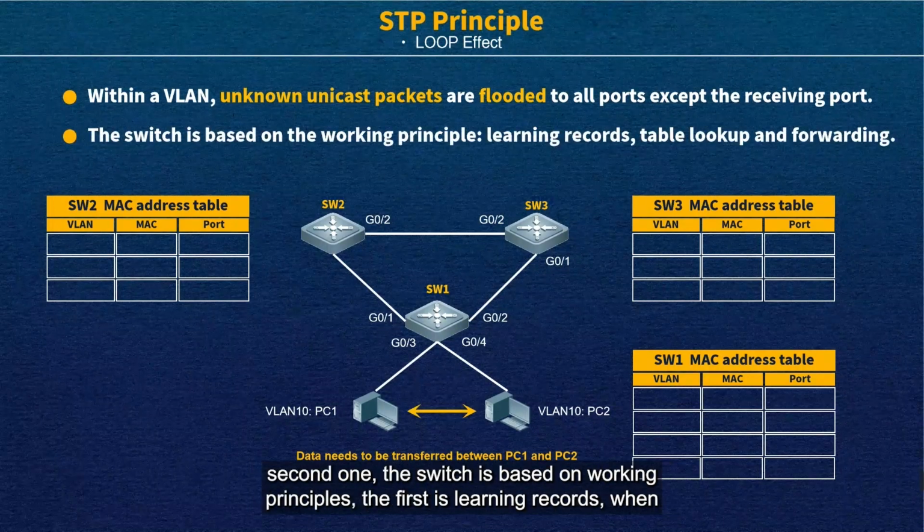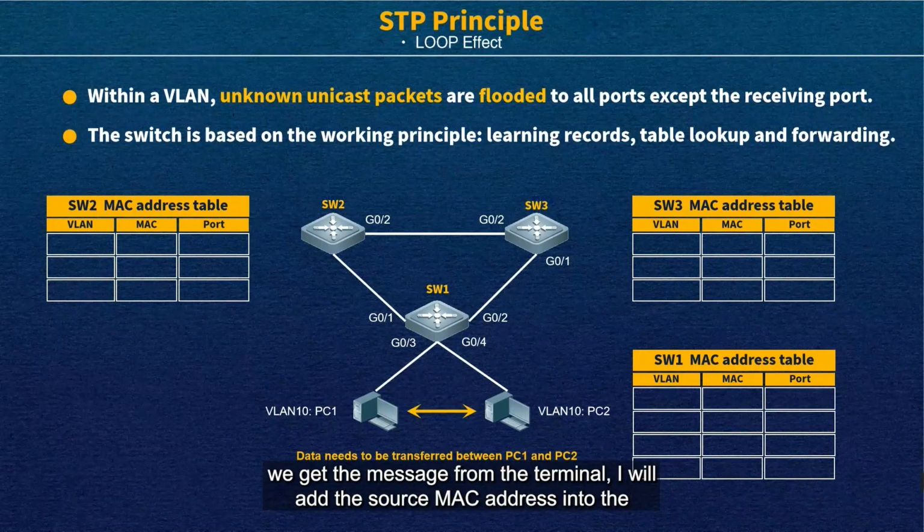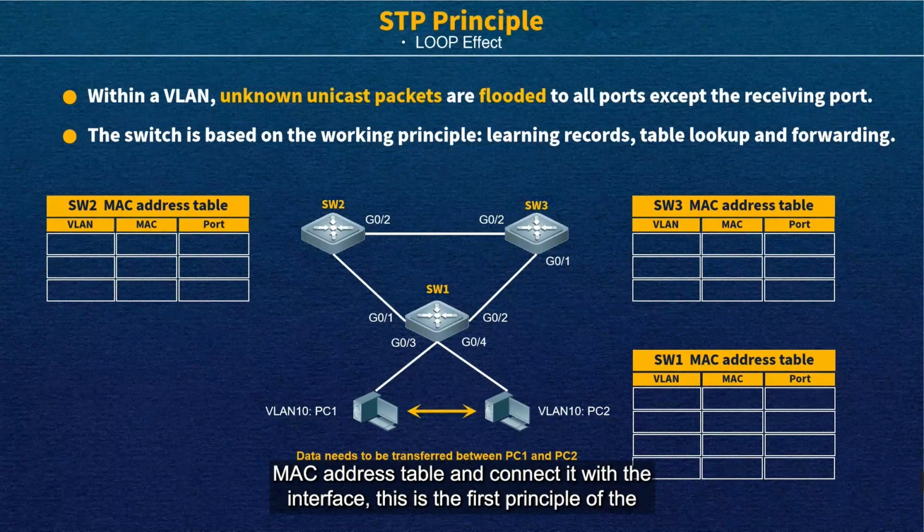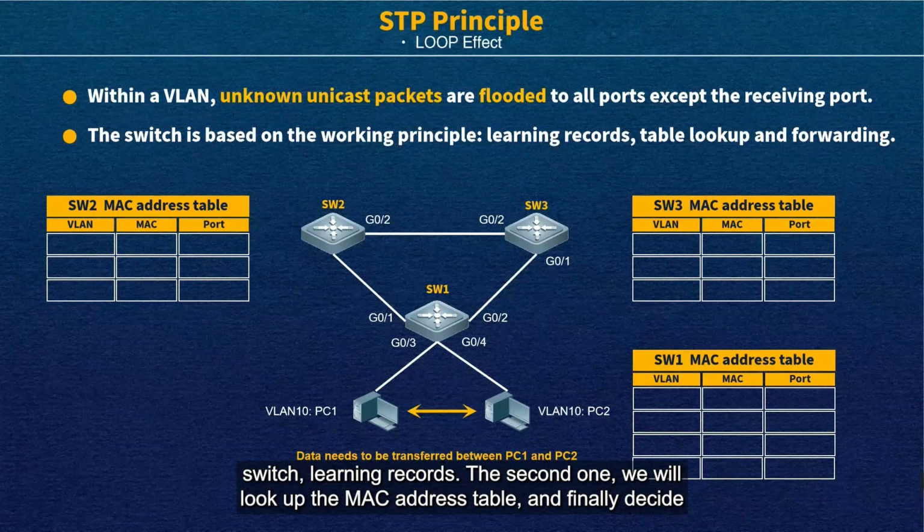And the second one, the switch's working principles. The first is learning records. When we get the message from the terminal, I will add the source MAC address into the MAC address table, also connected with some interface. This is the first principle of the switch, learning record.